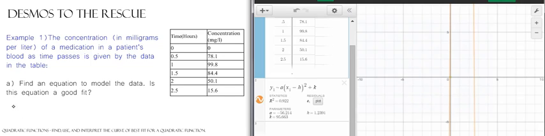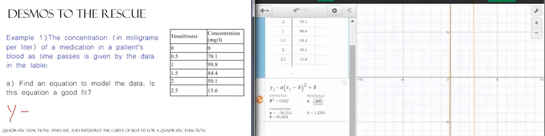So the equation I just copy down directly from Desmos. It gives it to me. No more work than that. I would say y equals, I don't need that 1 right there. That's just telling Desmos to look at the y values over here. And I don't need that tilde. That's just my symbol to Desmos that I'm doing a regression.